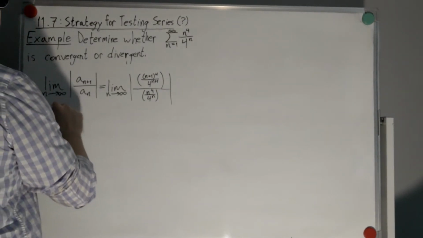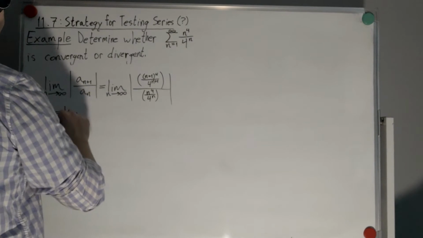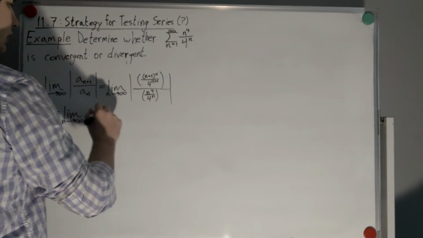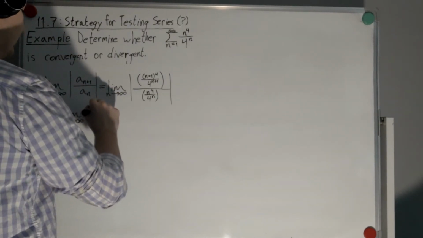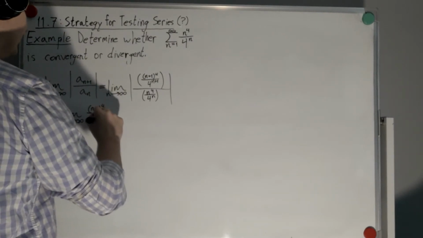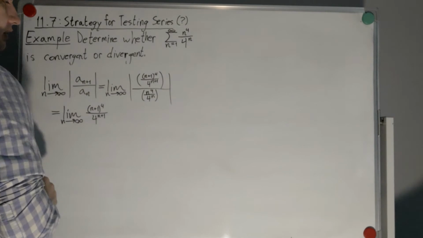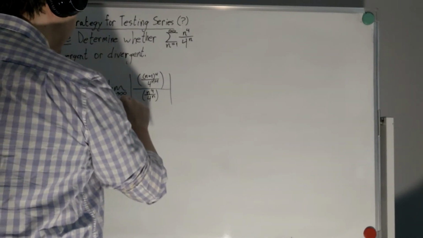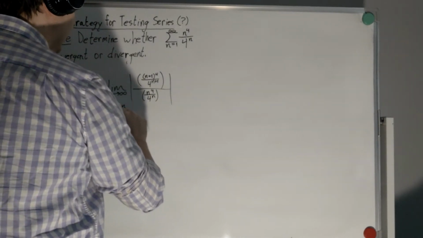This is the same thing as the limit as n approaches infinity of (n+1) to the fourth divided by 4 to the n+1, multiplied by 4 to the n divided by n to the fourth.